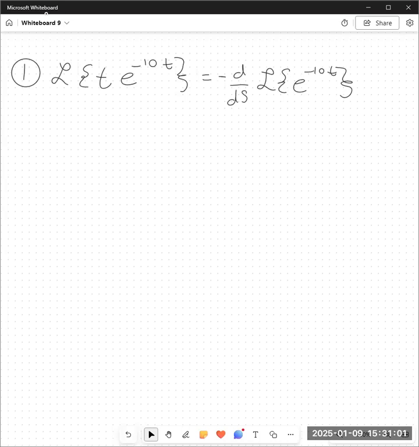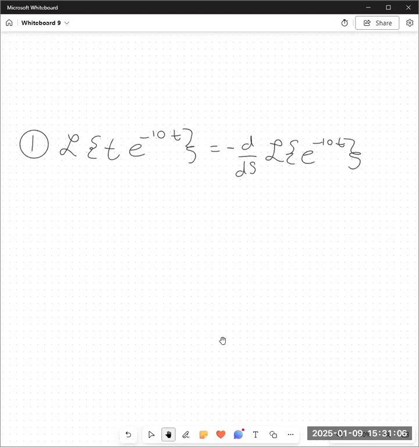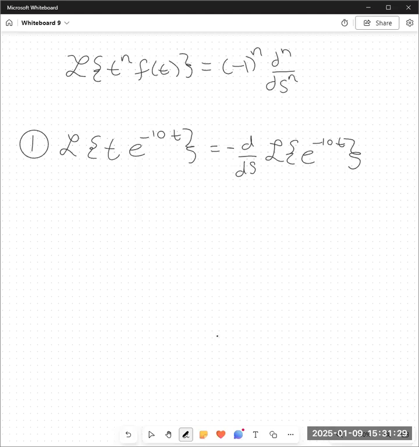That's based off of the definition in your book that the Laplace transform of t to the n f of t is going to be equal to negative 1 to the n, d n ds n of the Laplace transform of f of t.